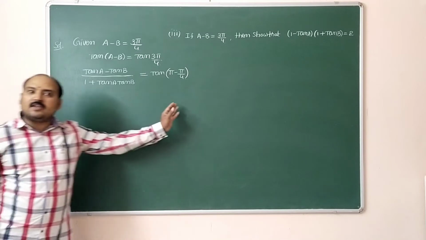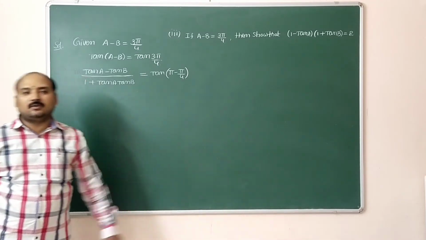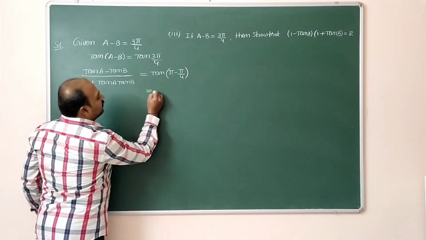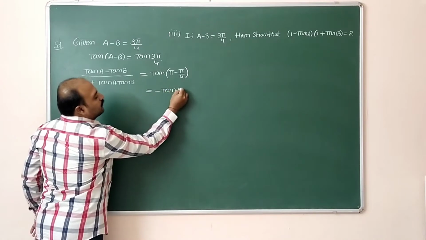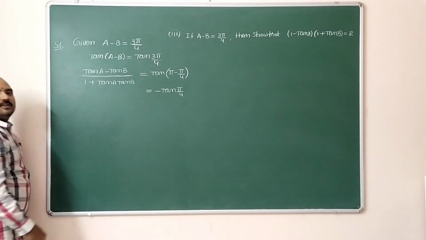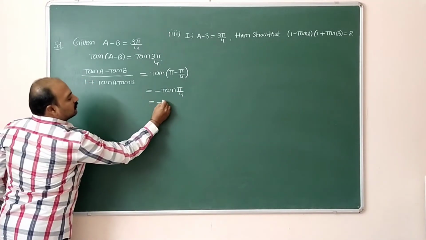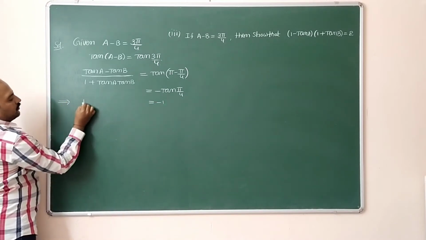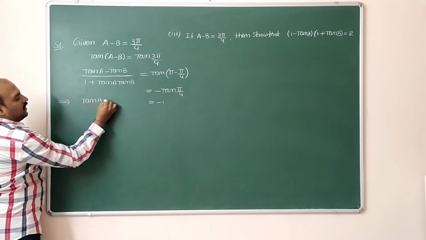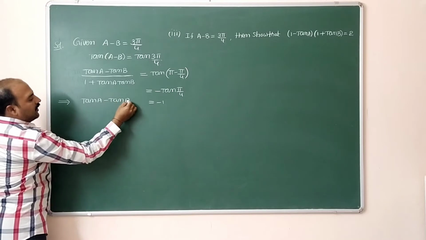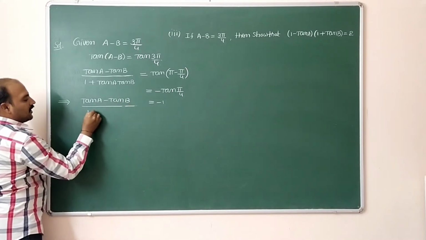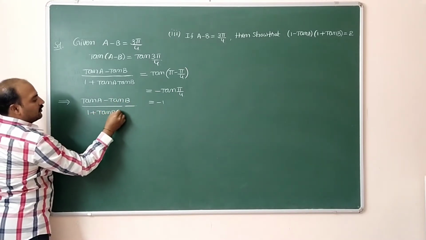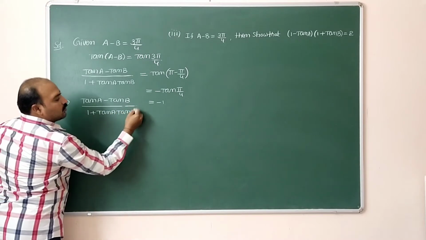Tan of pi minus theta is minus tan theta, so it becomes minus tan pi by 4. Tan pi by 4 value is 1, so minus 1. So tan A minus tan B divided by 1 plus tan A tan B is equal to minus 1.